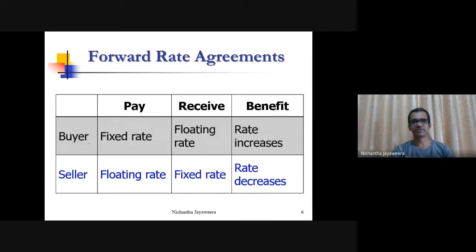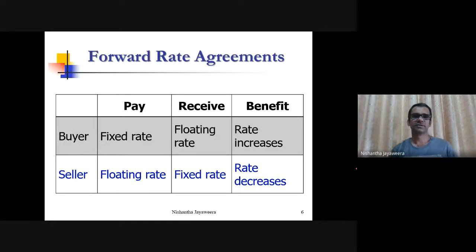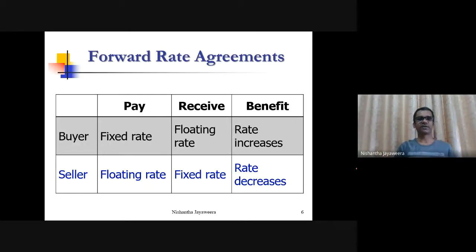Should he buy a FRA or sell a FRA? You are a borrower, you think interest rate is going to go up. Will you buy a FRA or will you sell a FRA? You are a borrower, remember that.